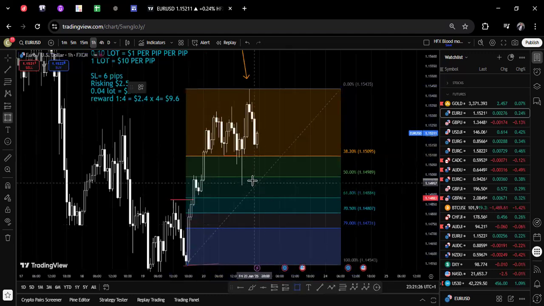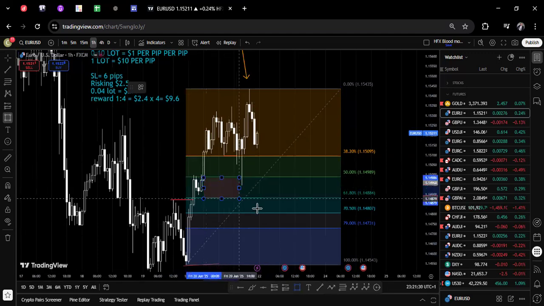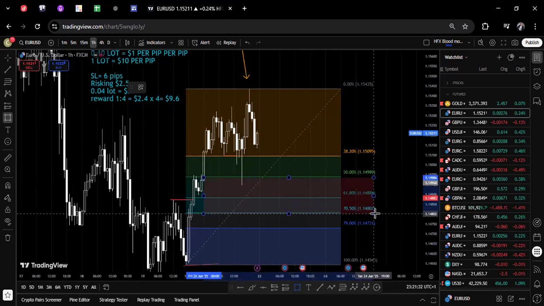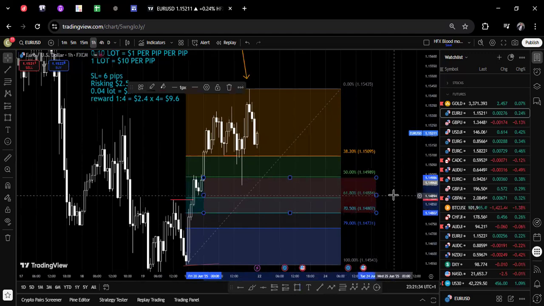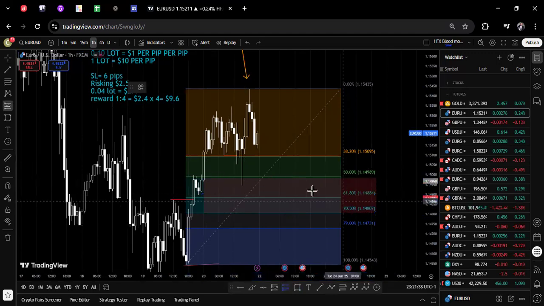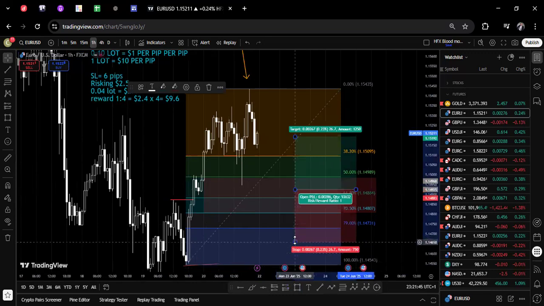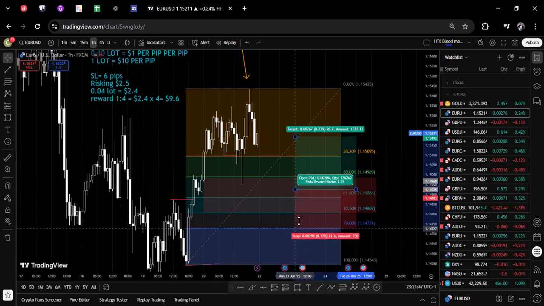So by Monday, let's see how this area is going to play out. Let me have this zone here, and of course have a potential long within this area as well. Let me just keep this here. This is okay.